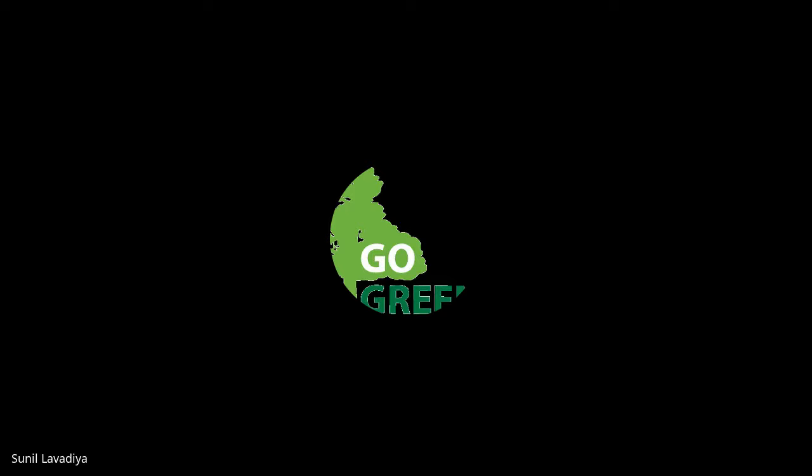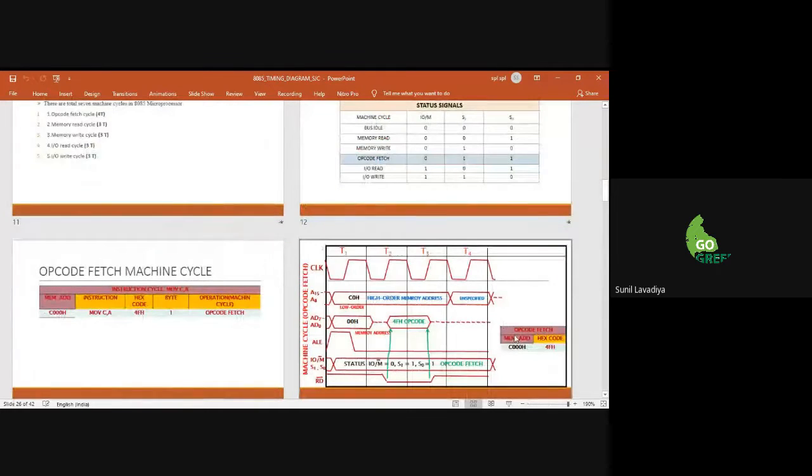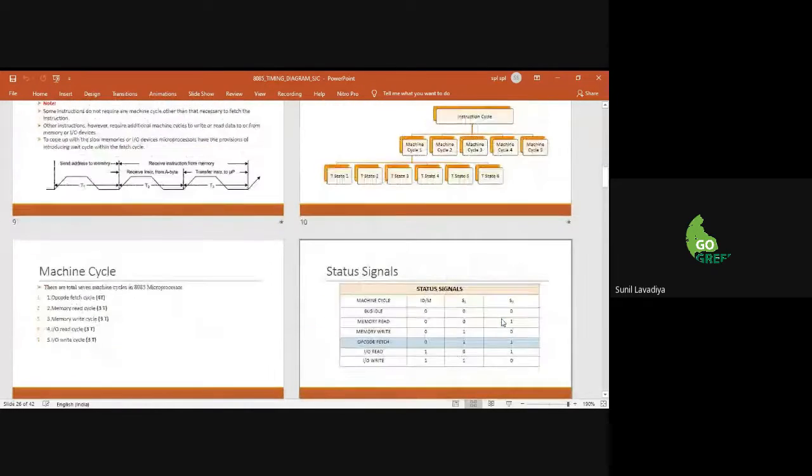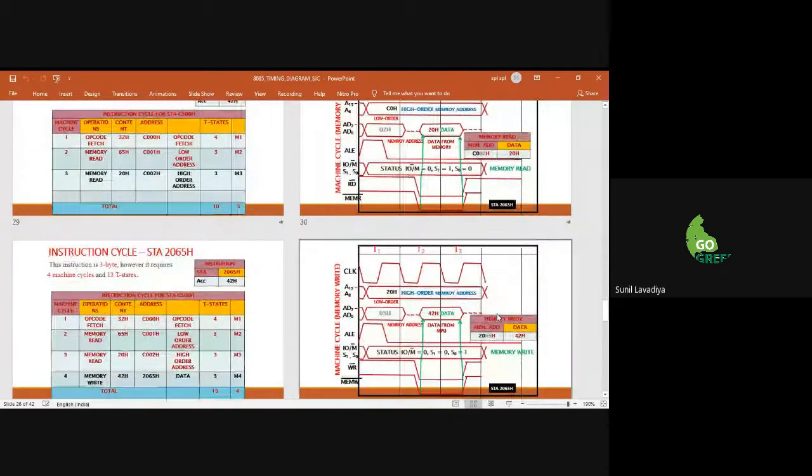So currently I am sharing the screen of that previous program which we have studied. You can take a reference of this one.